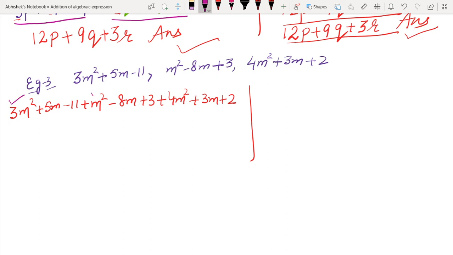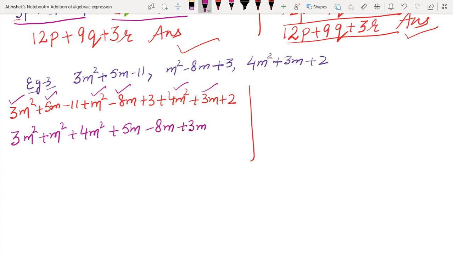So just collect m square terms. So here it is 3m square plus m square plus 4m square. Next is 5m minus 8m plus 3m. Collect the like terms.